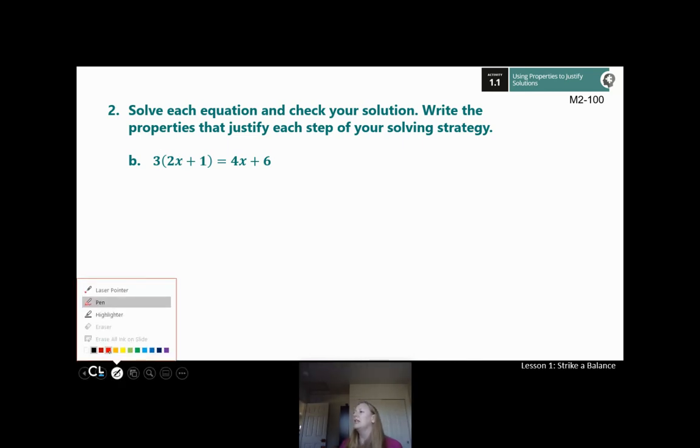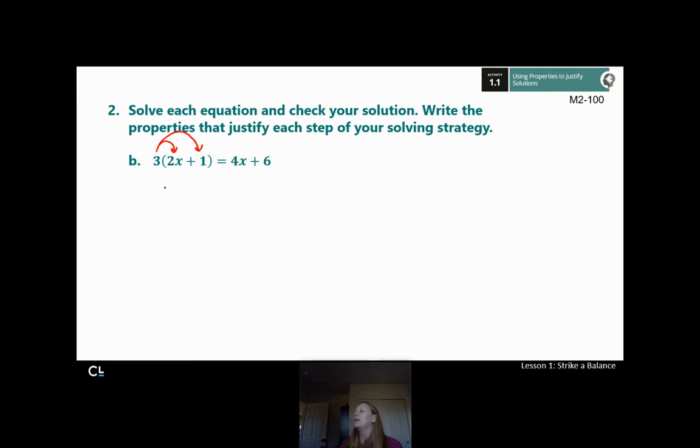So the first thing I notice is I don't like these parentheses. So I'm going to distribute that 3. So 3 times 2x gives me 6x. 3 times 1 gives me a positive 3. So I'm just going to rewrite that over here.